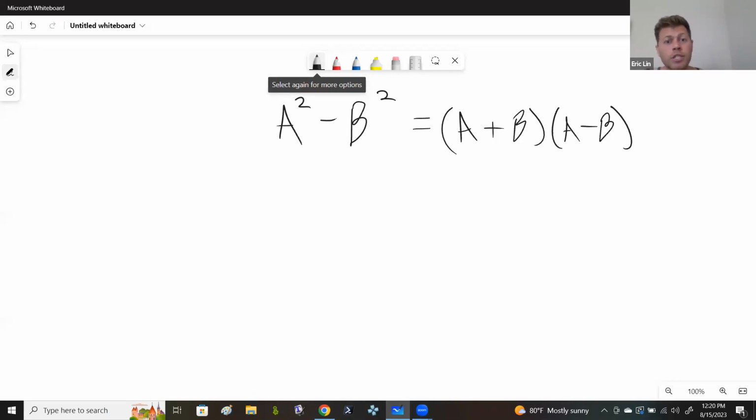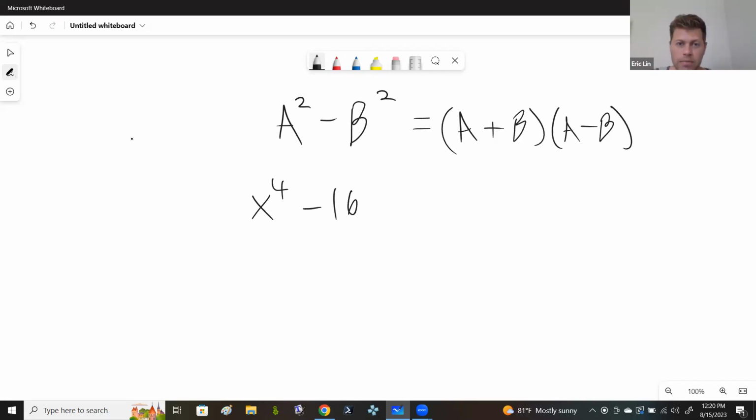Another thing I would like to show you is that you could have a case with several layered difference of squares. So let's say, for example, I have x to the 4th minus 16.